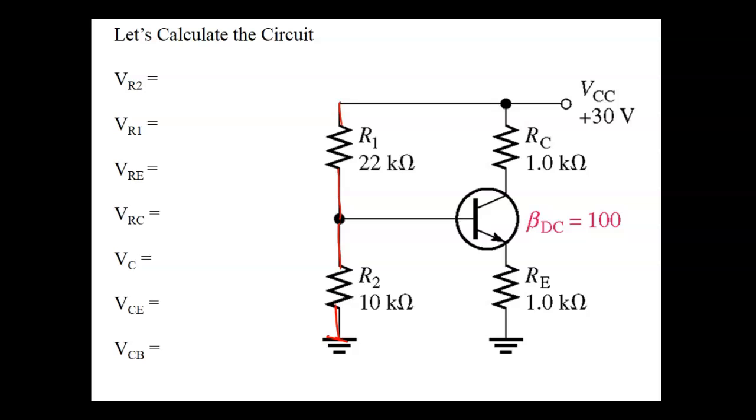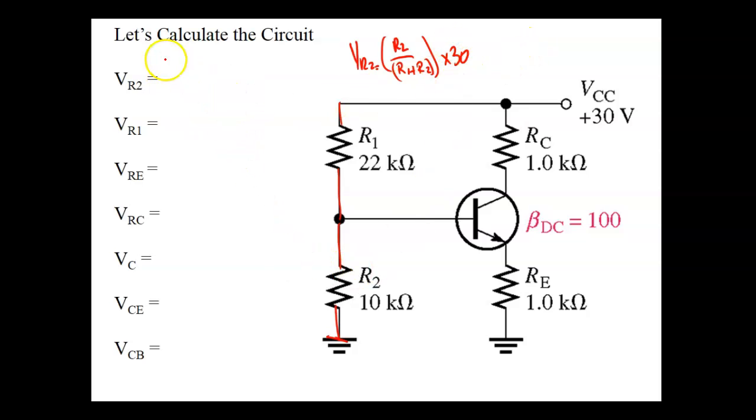Instead of using Ohm's law, I would use the voltage divider formula, where VR2 would be equal to R2 over R1 plus R2, or RT, right? And a lot of this you can do in your head. How many of you can add 22 and 10 in your head? And then I would multiply this by 30.